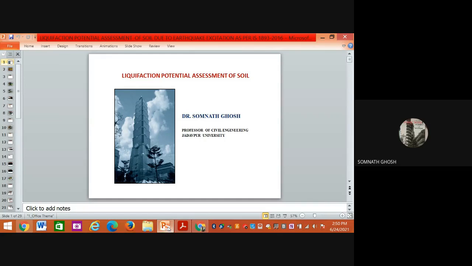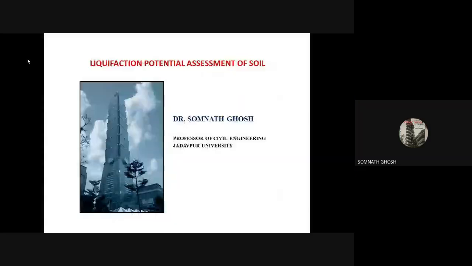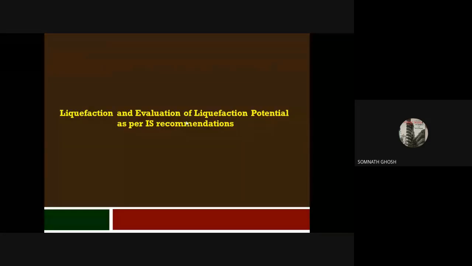Now, you see, when you are talking about all these things, I must tell you that this IS code recommendation is based on a simplified method. Got my point?